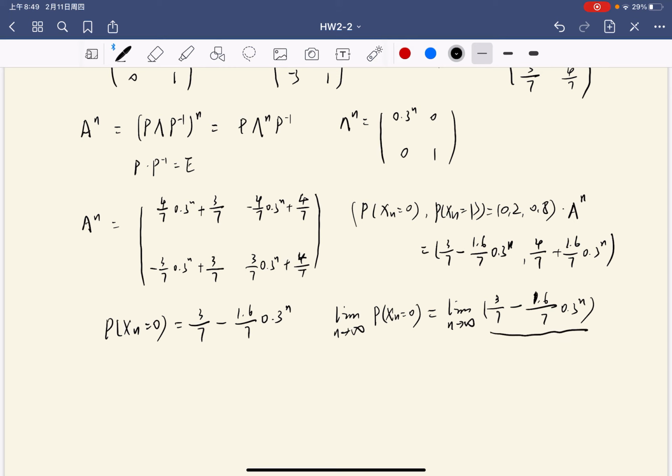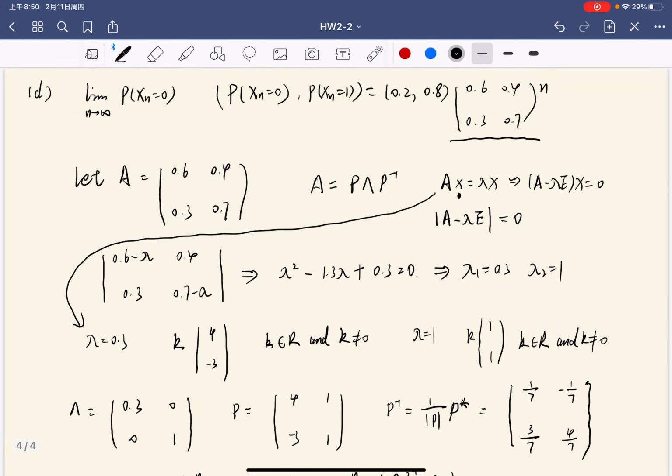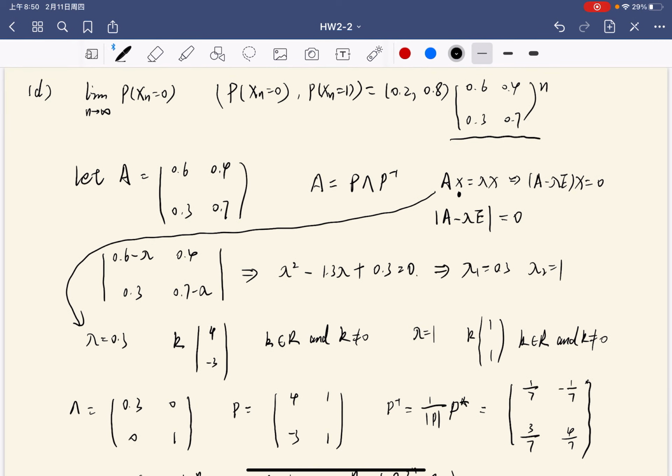We can find that when n approaches infinity, 1.6/7 multiplied by 0.3 to the power of n equals 0. So we obtain the result that when n approaches infinity, the probability of xn equals 0 is 3/7. So this is the D question, and that's all.